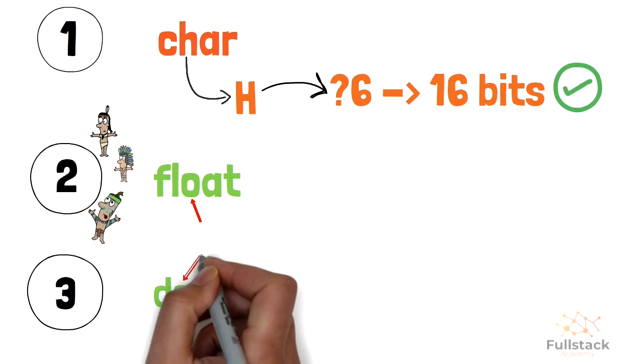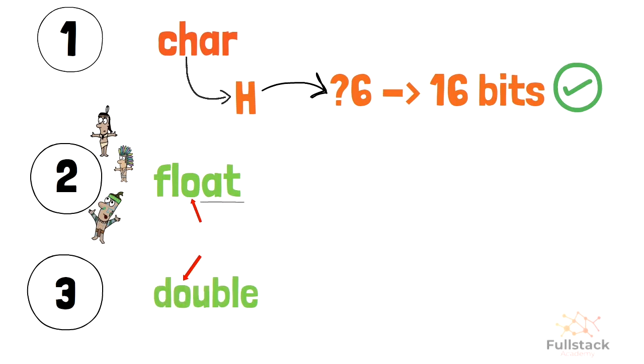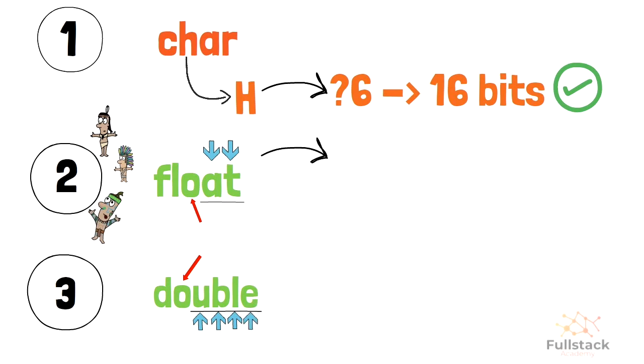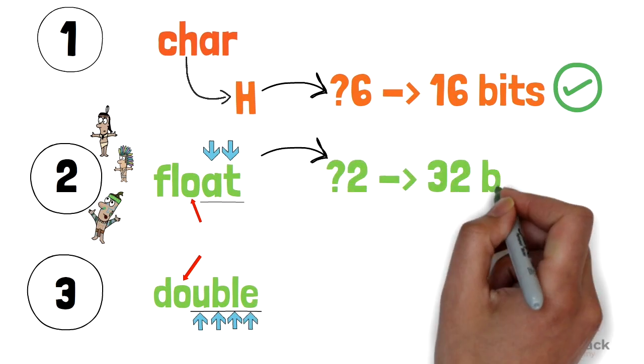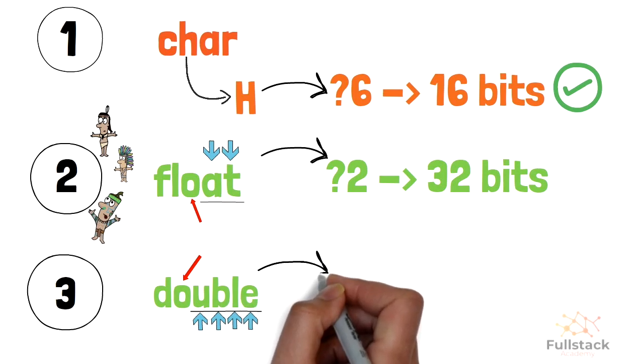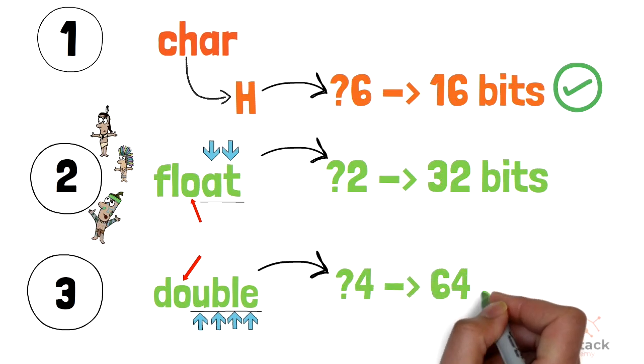If you count the number of letters after O, you can see that there are 2 letters, A and T, for float and 4 letters, U, B, L, E, for double. Now, you just have to remember that float, with 2 letters after O, needs to pick a value that has the digit 2 from the size sheet, which is 32 bits, and double, with 4 letters after O, has to pick the size with 4 from the size sheet, which is 64 bits. It is as simple as that.